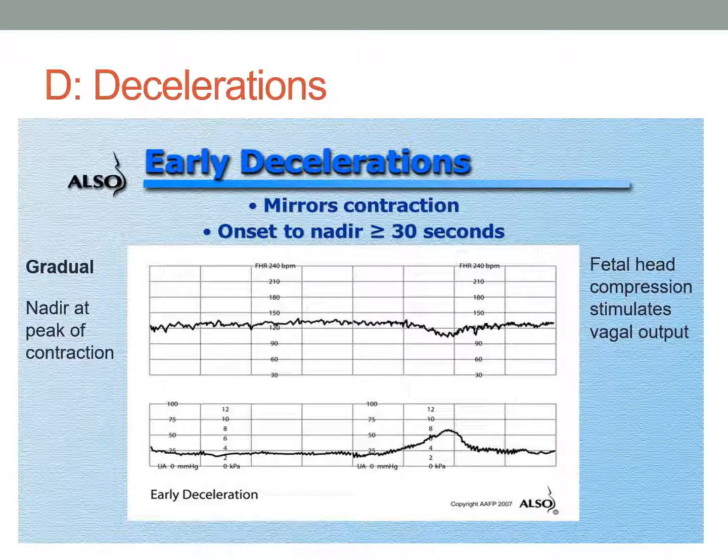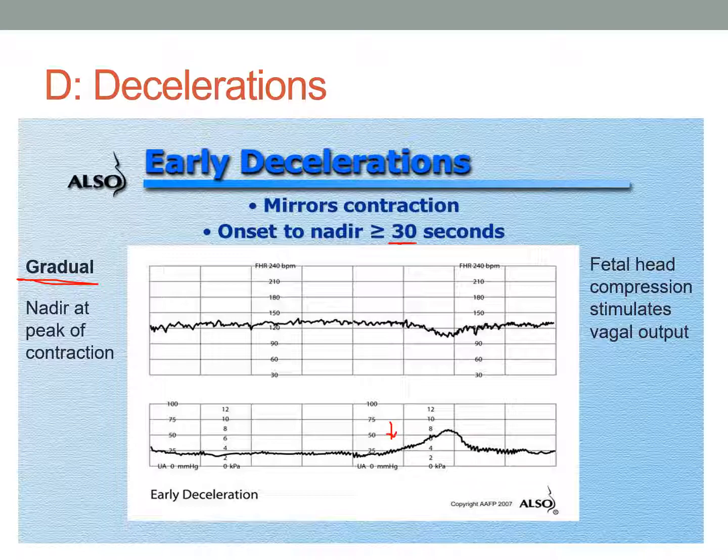So early decels. An early decel is going to mirror the contraction. They are gradual. So keep in mind this gradual versus abrupt distinction. Early decels are gradual, meaning the onset to nadir takes at least 30 seconds. So here's our example. Here's the contraction starting, somewhere right around here.